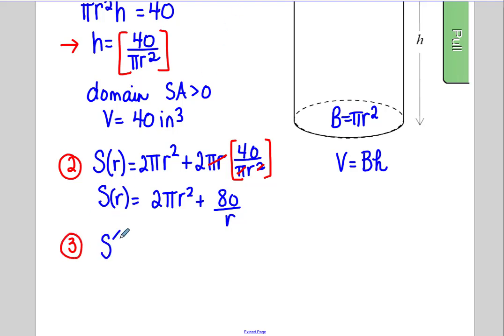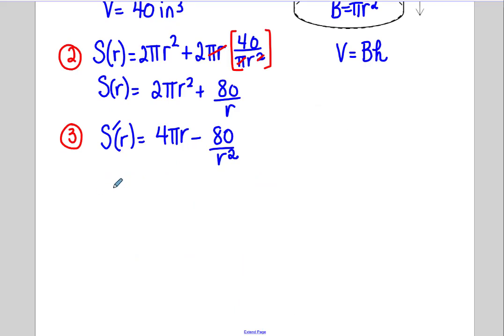So the surface area derivative is 4 pi r minus 80 divided by r squared. So we're going to set this equal to 0. So I'm going to do 4 pi r and add 80 over r squared to the 0. And then simplify.